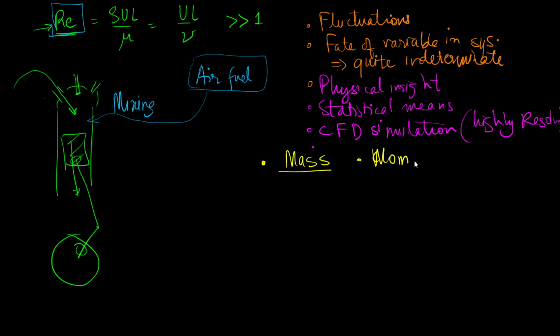Just because the flow behavior is rather erratic, it doesn't imply that these quantities will not be conserved. And it is in these conservations that some of the physical insights can be had, based on dimensional analysis, based on estimates of energy, things like that.